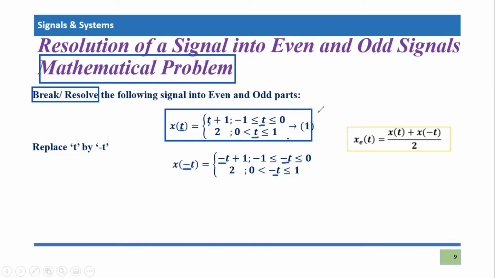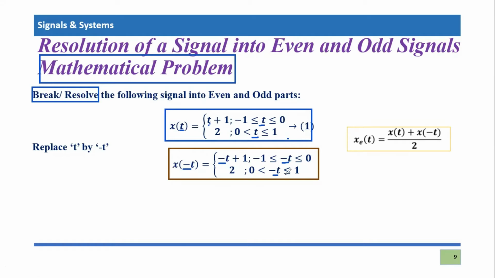If you compare the above equation and this equation, the difference between the two is that we have just replaced t with minus t. Now we also need to modify the definition wherever it's required.